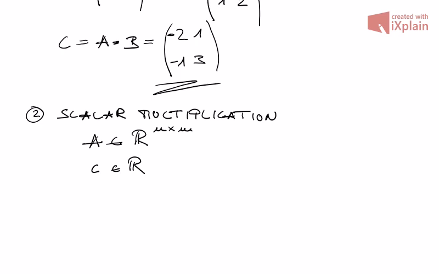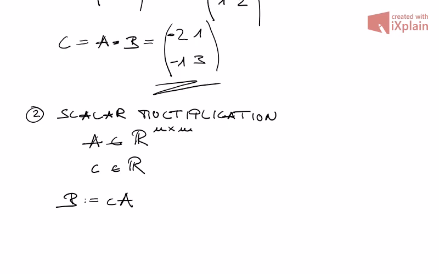Anyway, it's just a real number, something like 2 or pi. Based on these two things, one can define what is called the scalar multiple of a matrix.